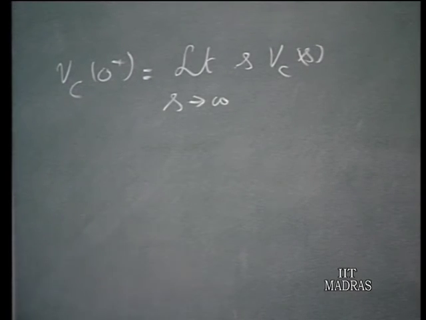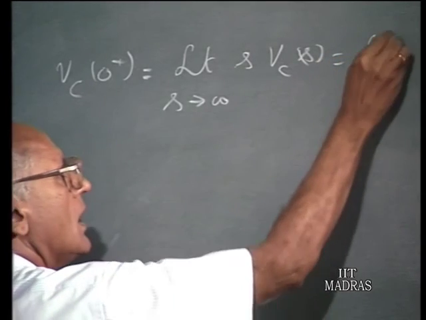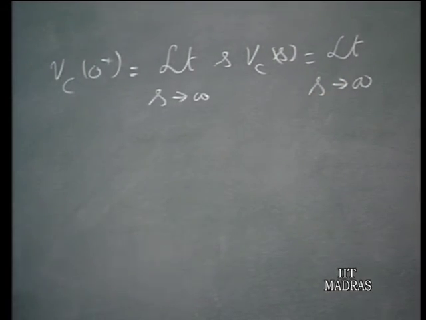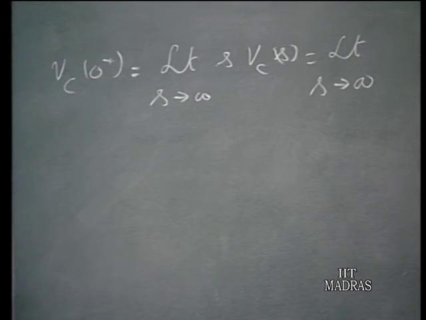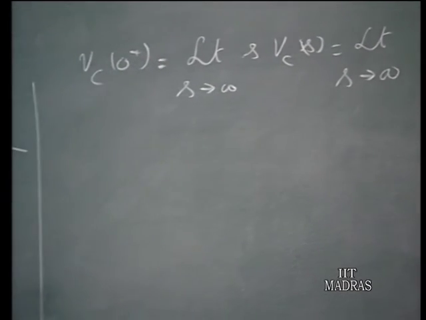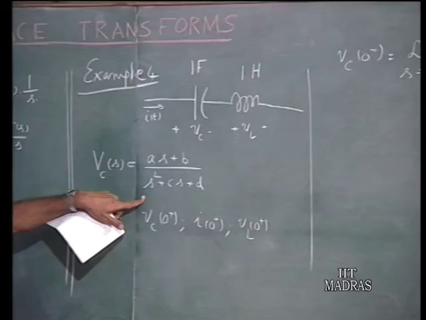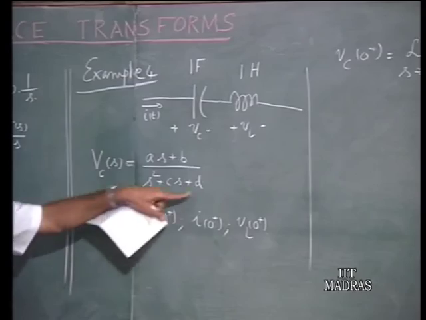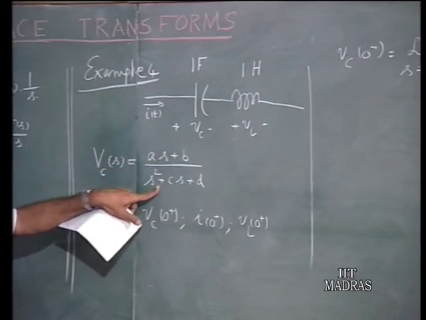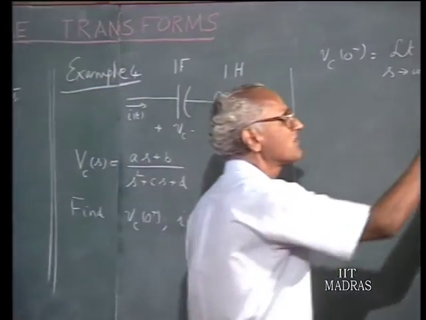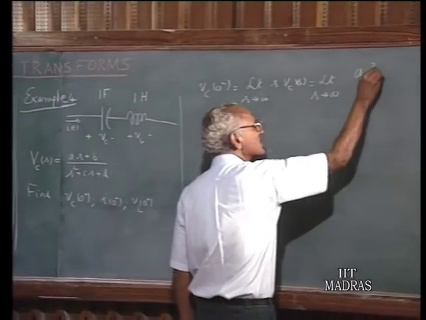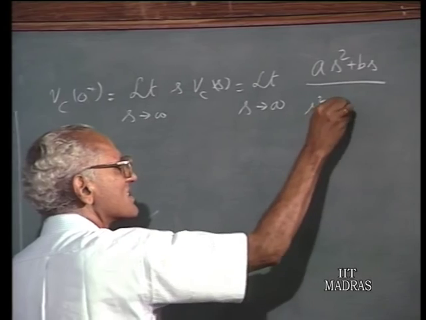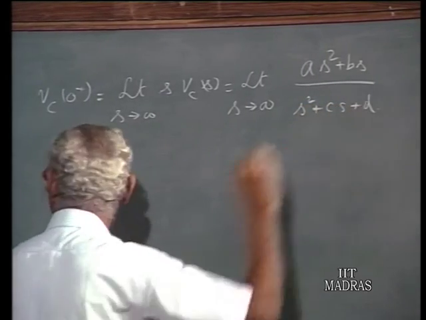Therefore, this will be the limit as s goes to infinity of A s plus b upon s squared plus C s plus d multiplied by s. This must be multiplied by s and we take the limit as s goes to infinity. Therefore, that will be A s squared plus b s over s squared plus C s plus d.